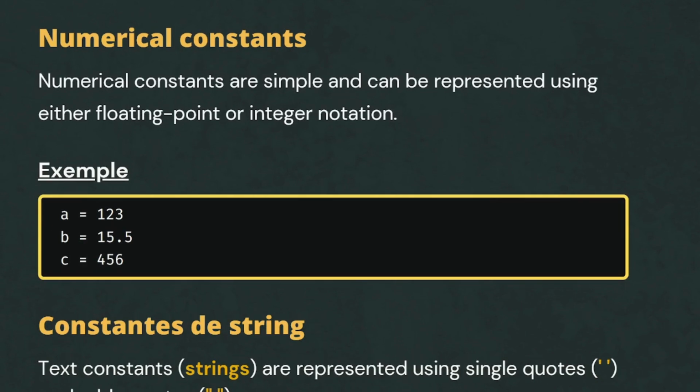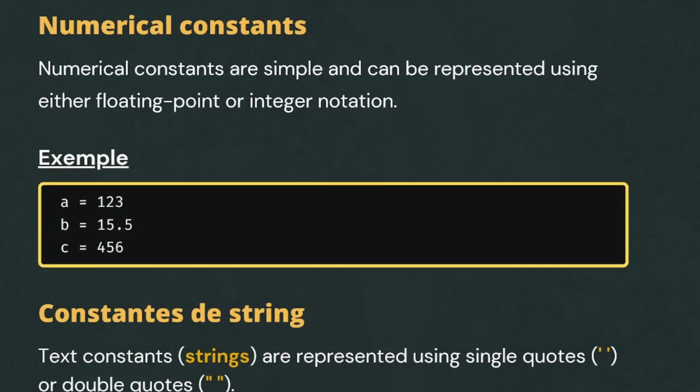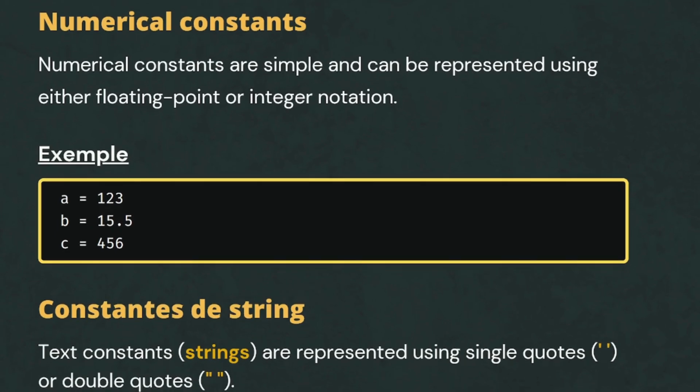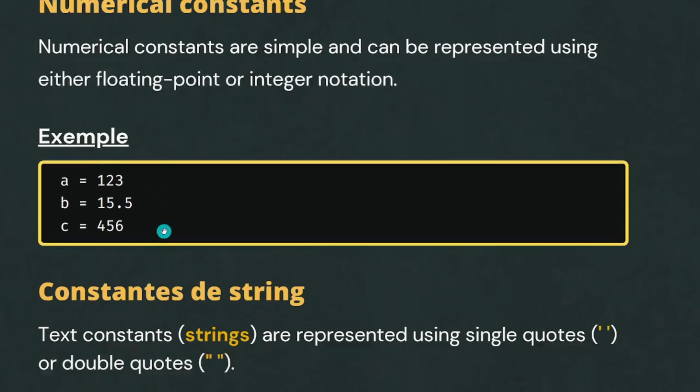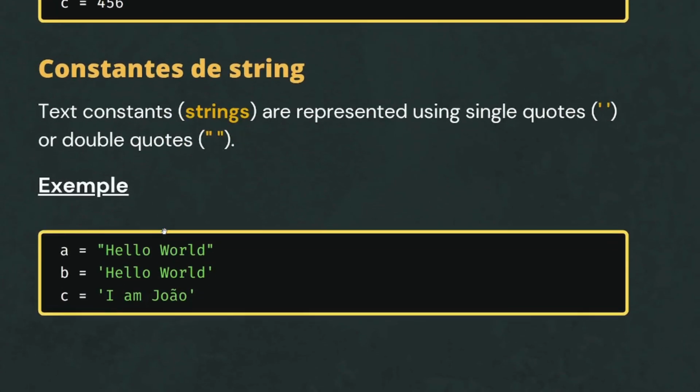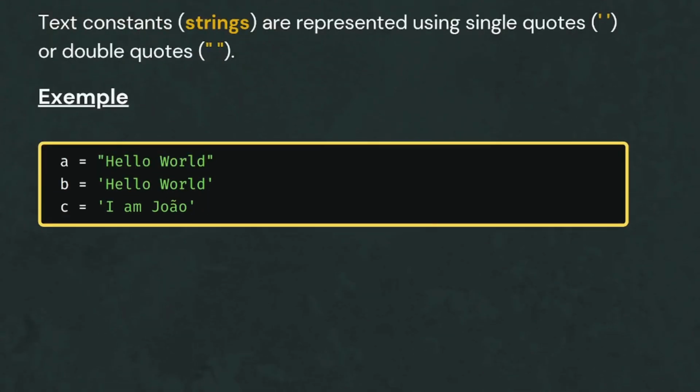So here are some examples of numerical constants, which can be represented either in floating point or in integer. And here you see text constants are represented using single quotes and double quotes.